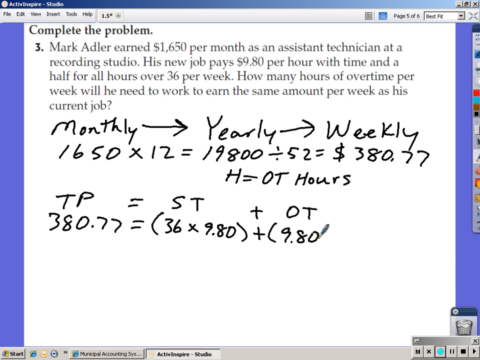Does he get paid time and a half or double time? It says time and a half, so times 1.5 times H. We've got it set up. Let's work it.